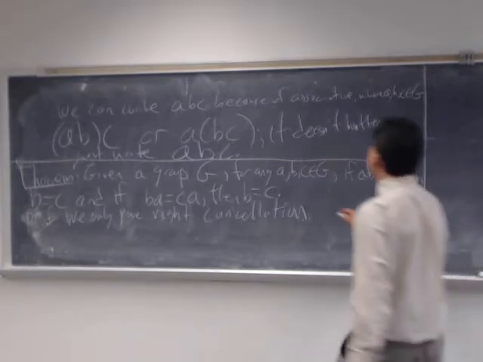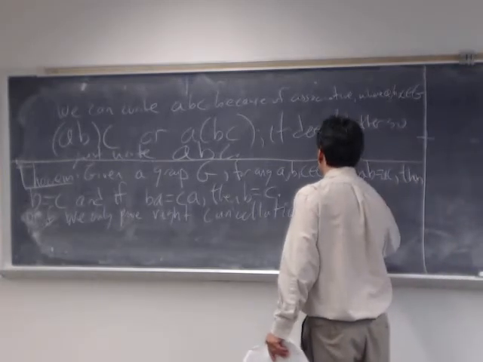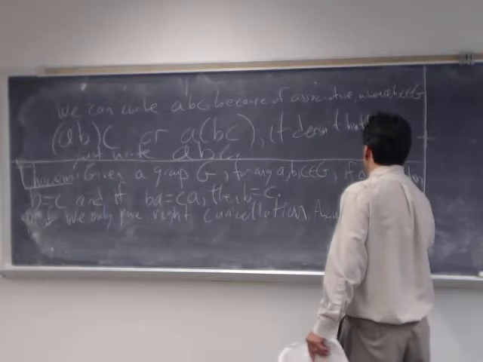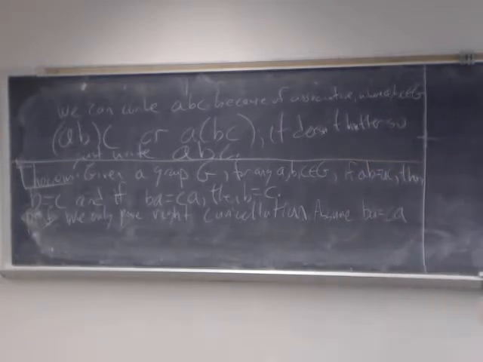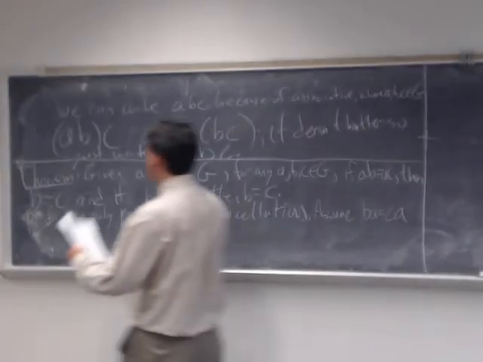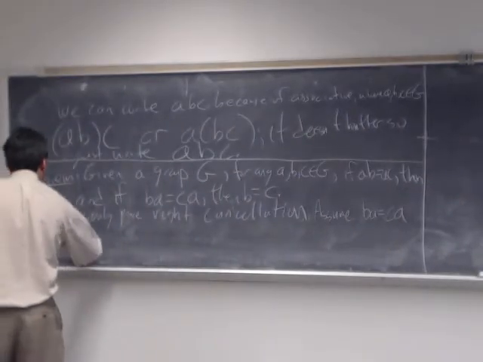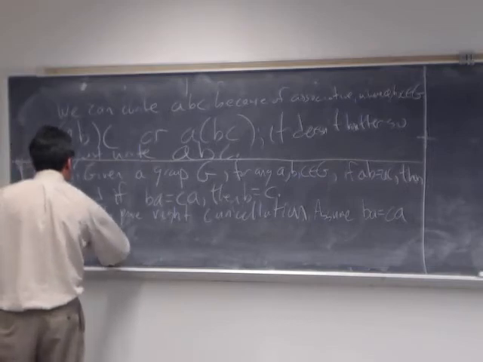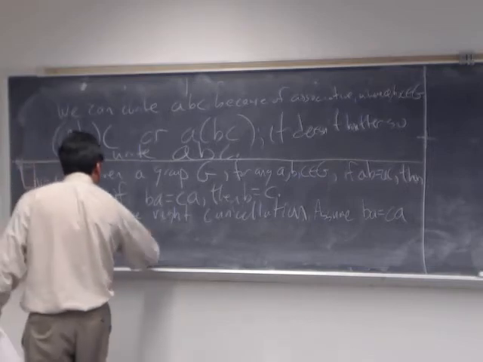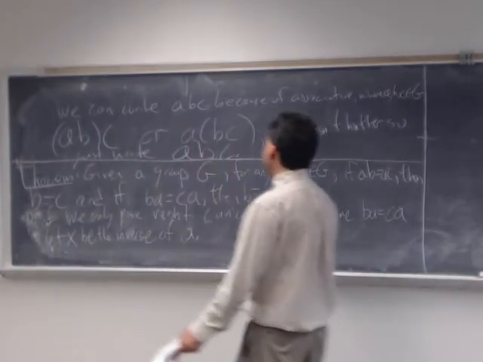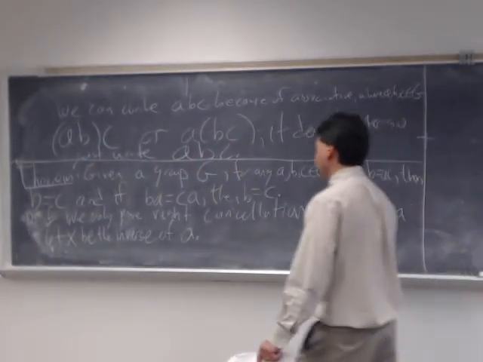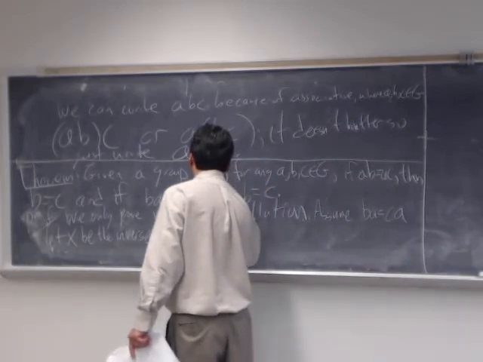So we assume BA equals CA. Let X be the inverse of A. Such an element exists because we have a group.